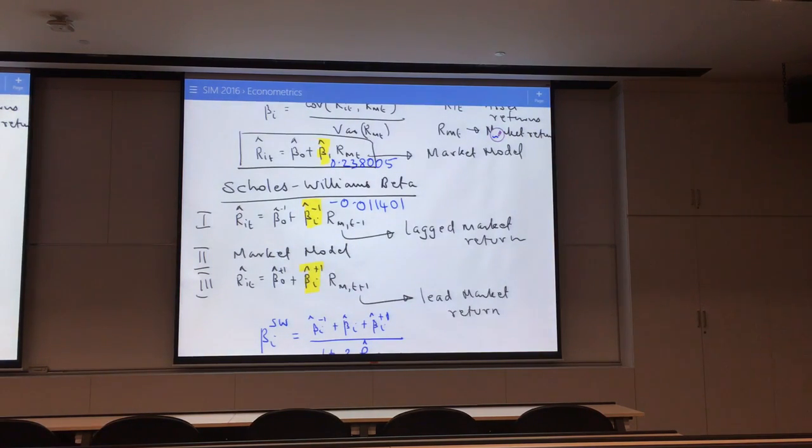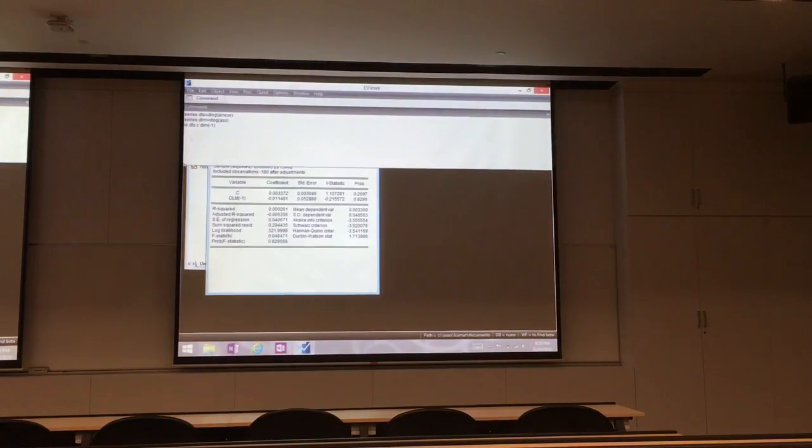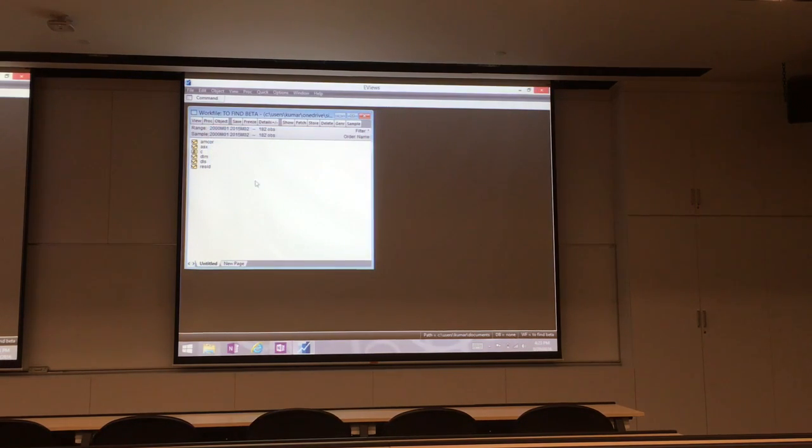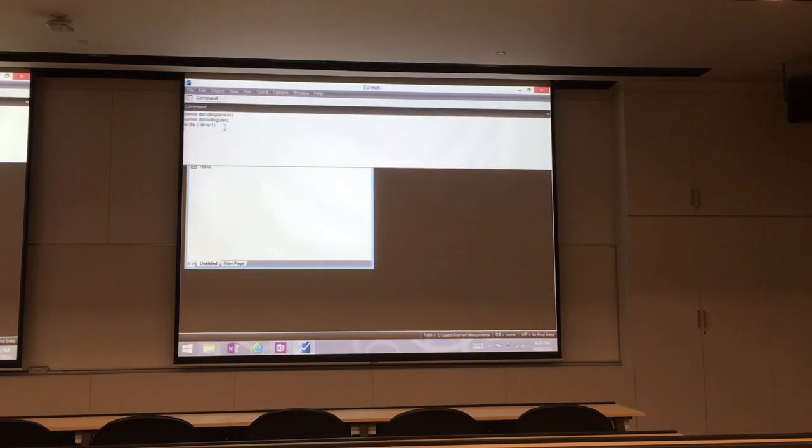Now we have to find beta i plus 1, which is the lead market model. For the lead market model, can you guess what we have to do here? Just 1 is enough.